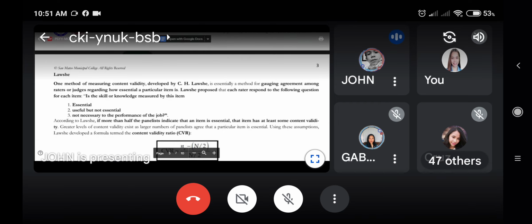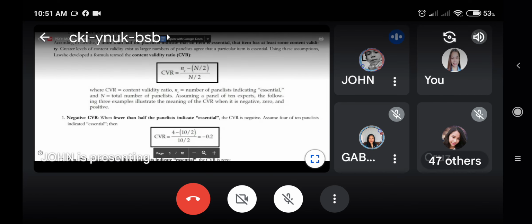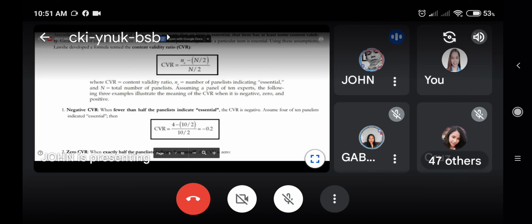And then, after that, you will now be computing for the so-called content validity ratio, or the CVR. In the CVR, n is the number of panelists indicating essential, and N is the total number of panelists. You will be doing that per item.